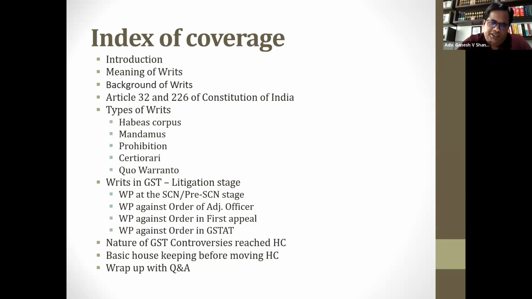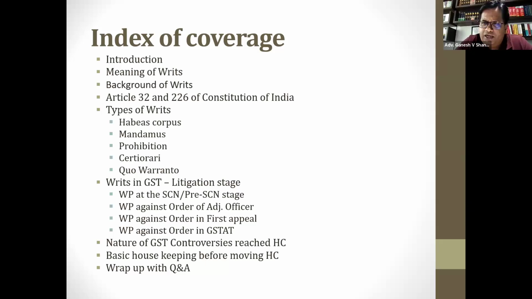Next, the nature of controversies in GST which have already reached the High Court. I will take examples of a few important major controversies which have reached the High Court, or some matters which have reached the Supreme Court after the High Court.